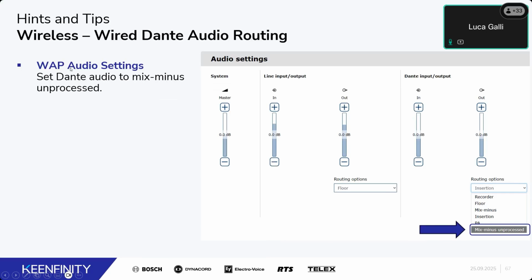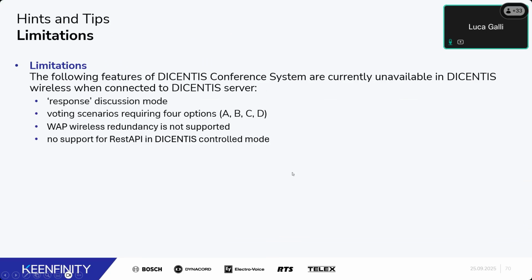Looking at the wireless and wired, the Dante audio routing, as already mentioned, you have to remember needs to be set up in mix minus and processed. And if we look at the limitations, the things that are not available in the wireless system currently are the response discussion mode and the voting scenarios requiring options.